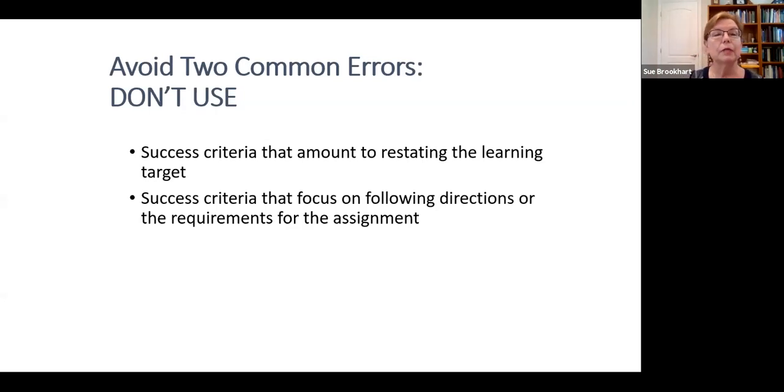And the teacher says, well, I'll know that you can write a good descriptive paragraph when you write a good descriptive paragraph. Well, yeah, but it doesn't help students who don't already know how to do that to aim for that learning target.